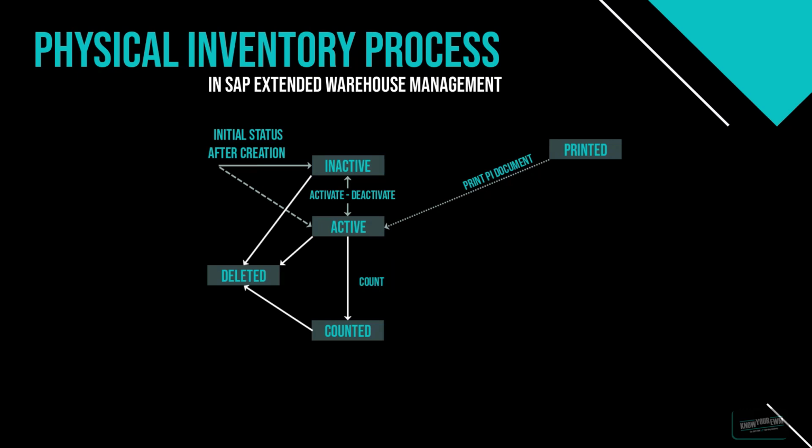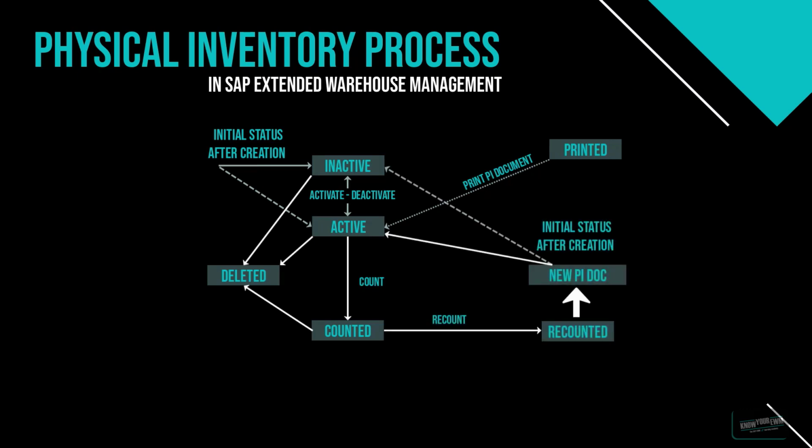After finishing the actual counting process, you have the possibility to do a recount. The recounting can be automated if either the quantity difference or the value difference is exceeded. After finishing the counting or recounting process, you can post the inventory document, and the physical inventory process is finished. That's the basic process how physical inventory documents in SAP EWM are processed.